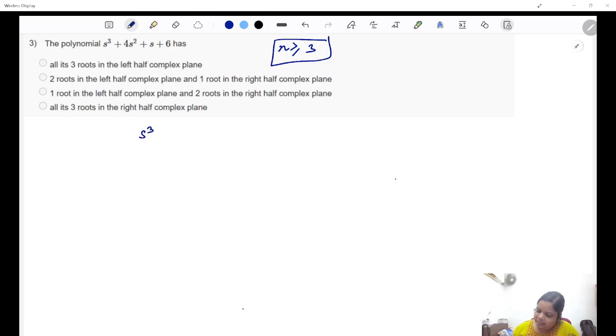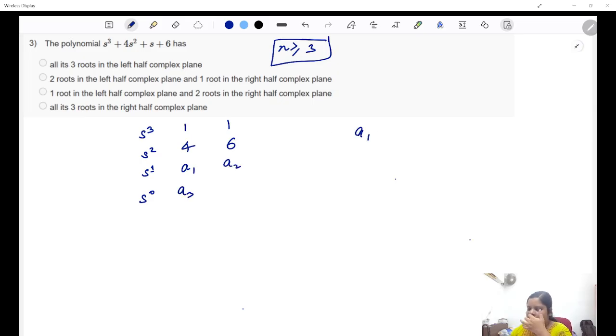So let's write s cube, s square, s to the power 1, s to the power 0. How do you arrange it? 1, 4, 1, 6. Can someone tell me what would be the fillings in the other rows? It is very simple, right? Here is some a1, here is a2, here is a3.